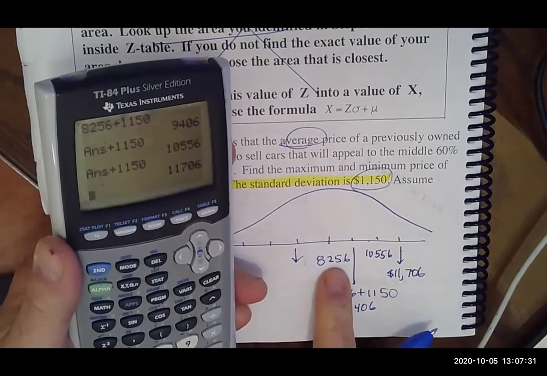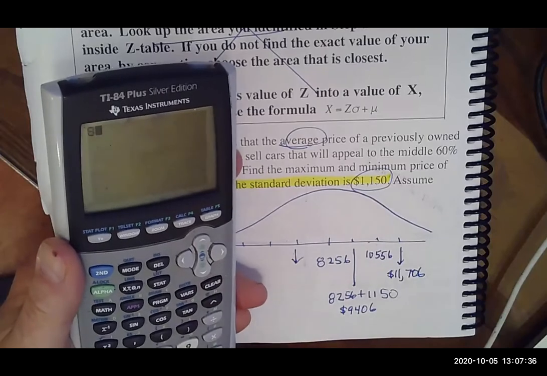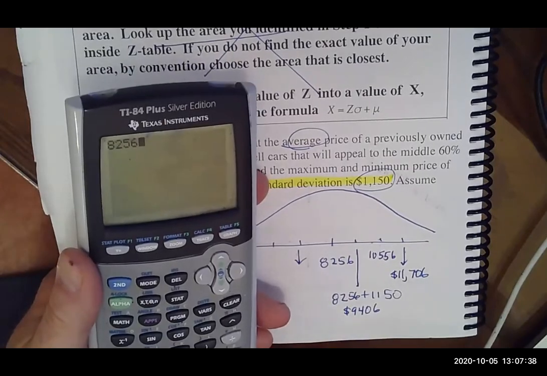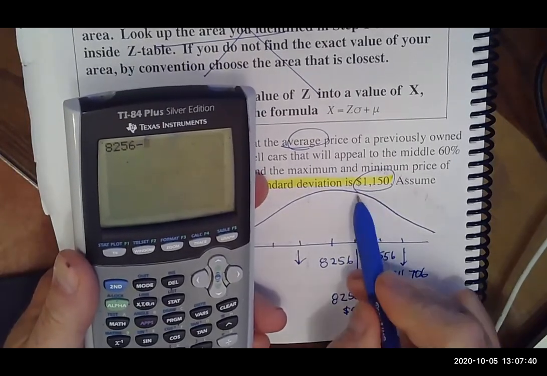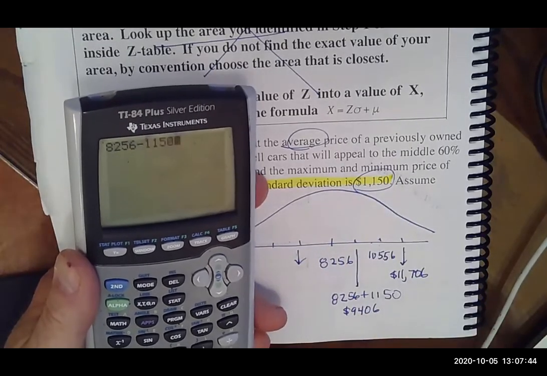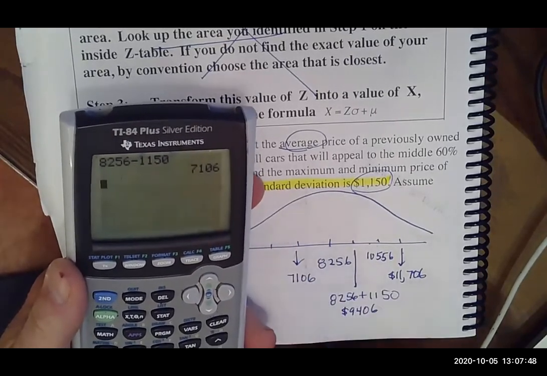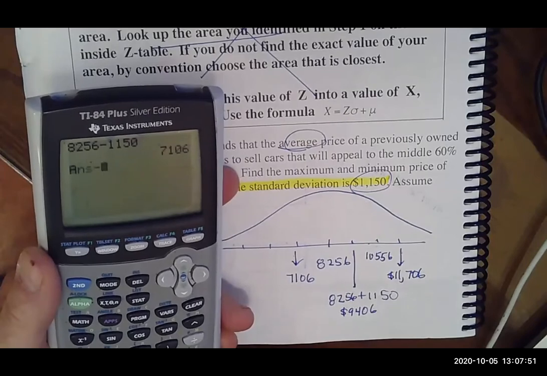So now I go backwards. I take the 8,256, and you'll subtract a standard deviation. Subtract one of these. Do it again.